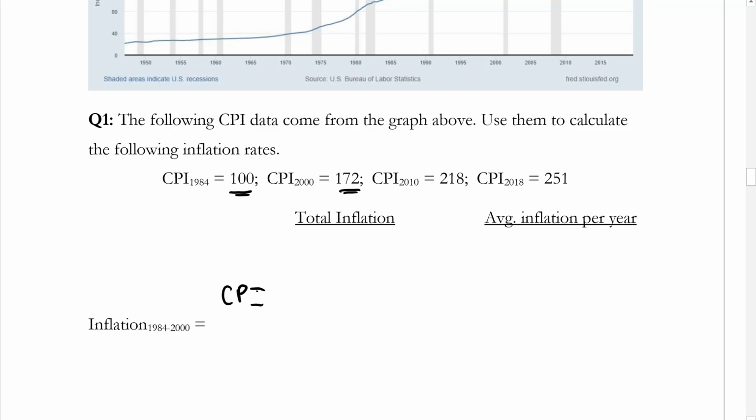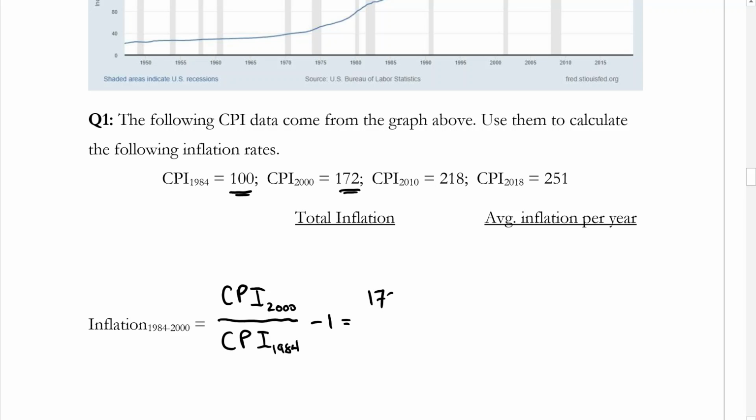To do that, we'll look at the CPI in the year 2000 divided by the CPI in the base year, which is 1984, minus 1.